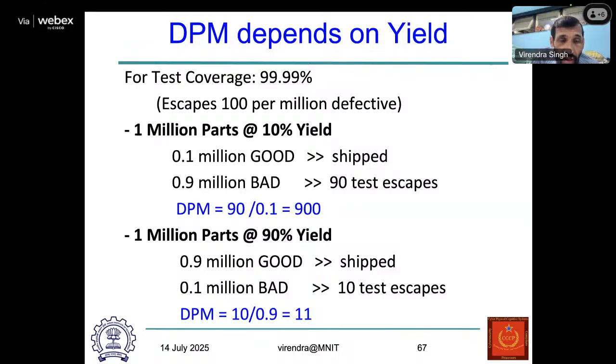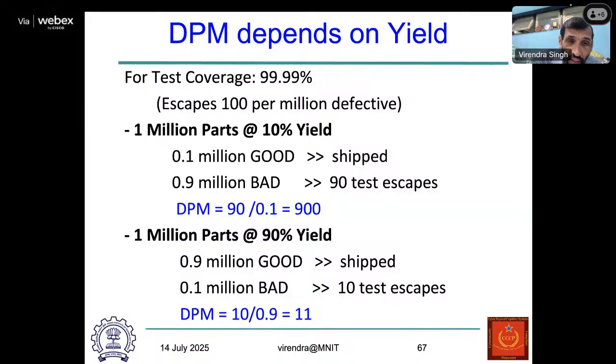That means 100 devices can escape, or you can have 100 defective parts per million manufactured parts, because I can afford to have 0.01% devices as bad.